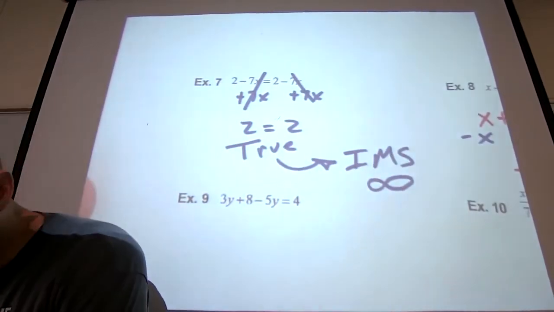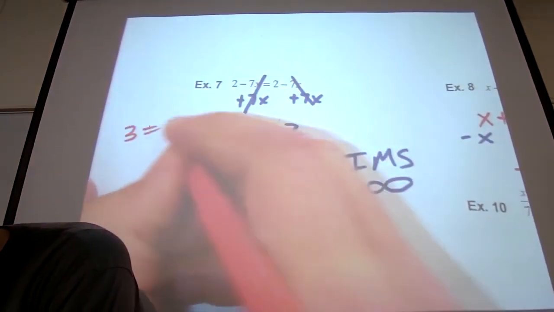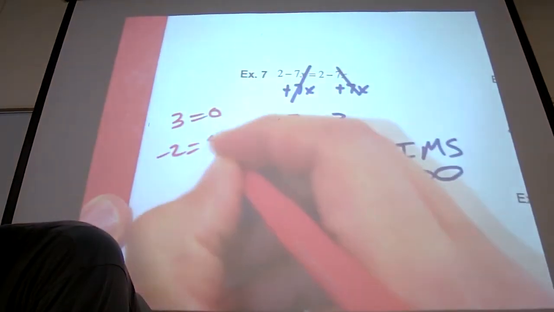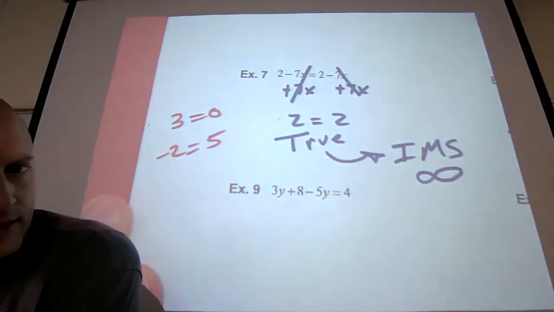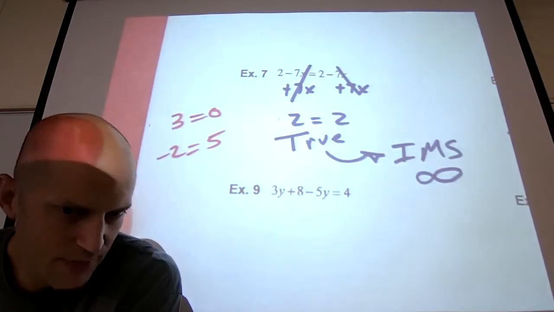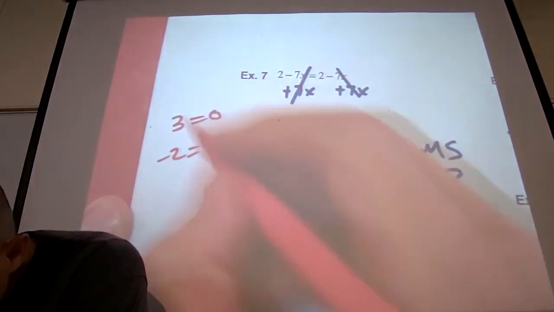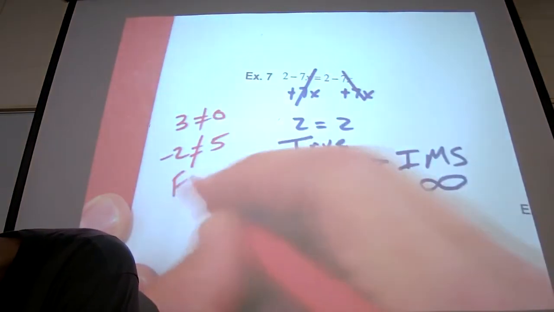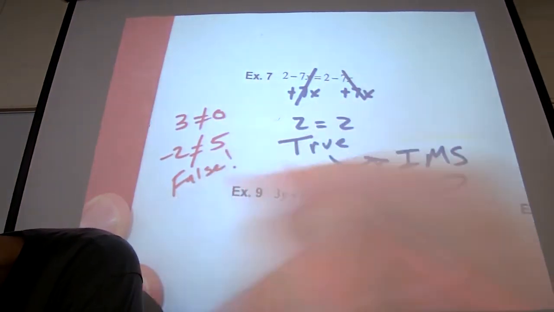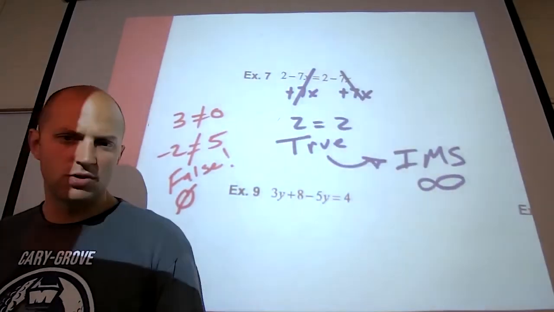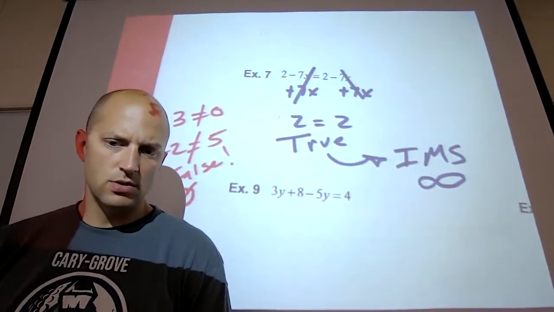If you ever solve and you get like 3 equals 0, or negative 2 equals 5, or something like that, that doesn't make sense, does it? Negative 2 is not equal to 5, 3 is not equal to 0. So if you get something that's false, then that's the empty set, the null set, that's no solution. Okay, so just be aware of that.